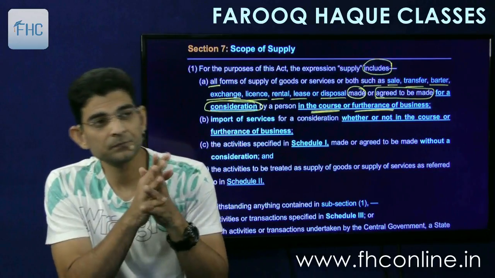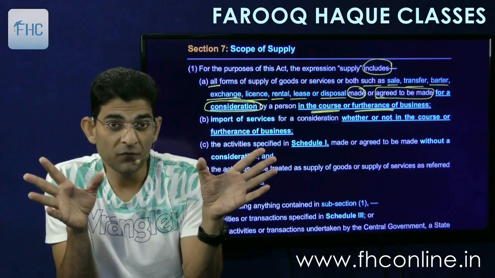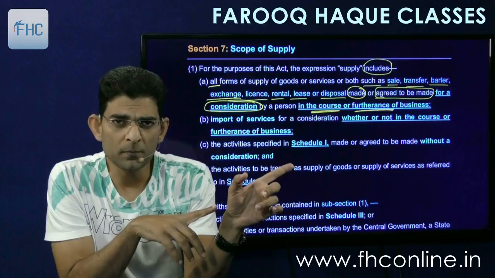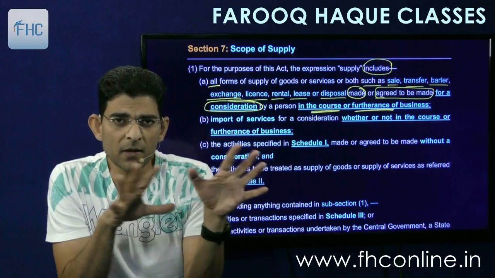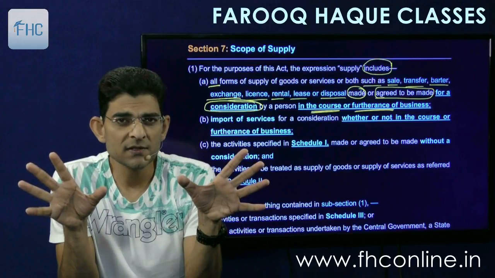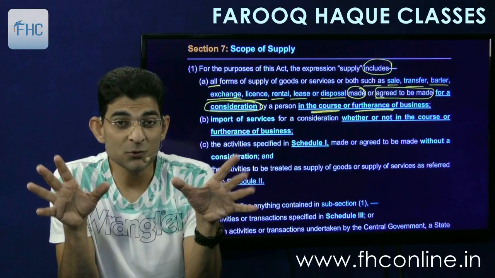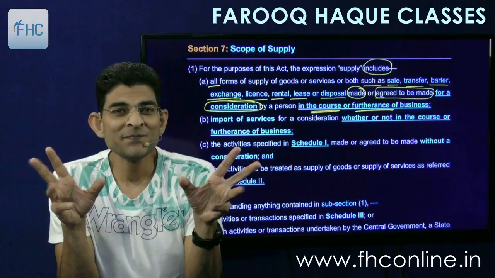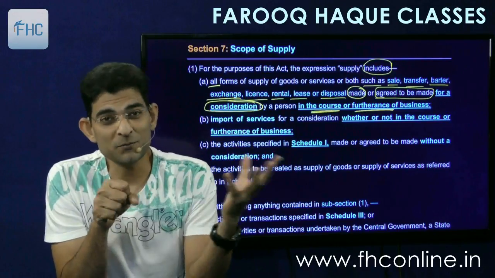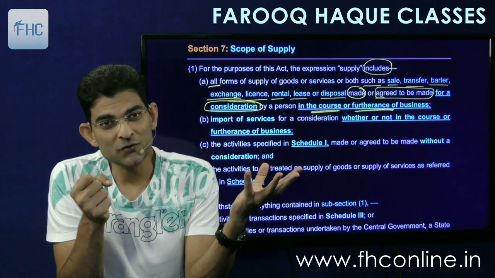Take another example. The same good friend of mine comes to my home, and my wife has cooked some beautiful, very delicious sweets. Now you come to my house and I offer you some sweets, of course free of cost.